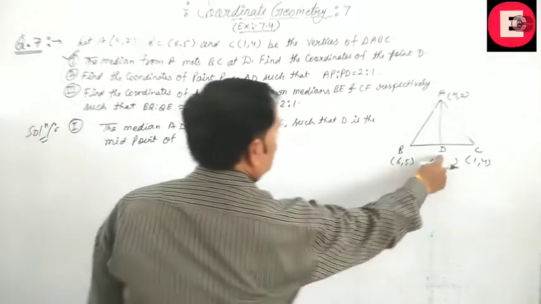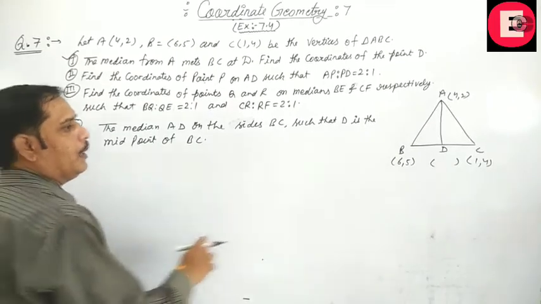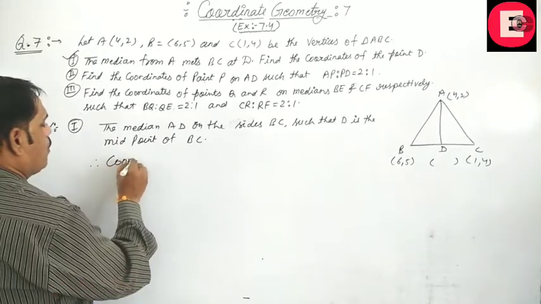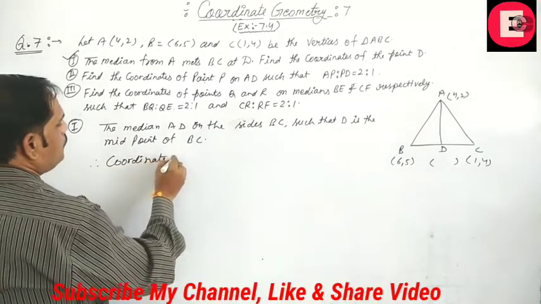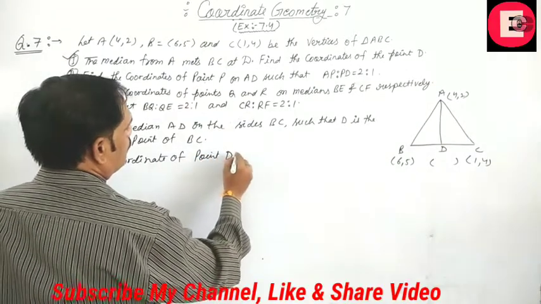So this is the midpoint, and point D is the midpoint of BC. Therefore, we find the coordinate of point D.